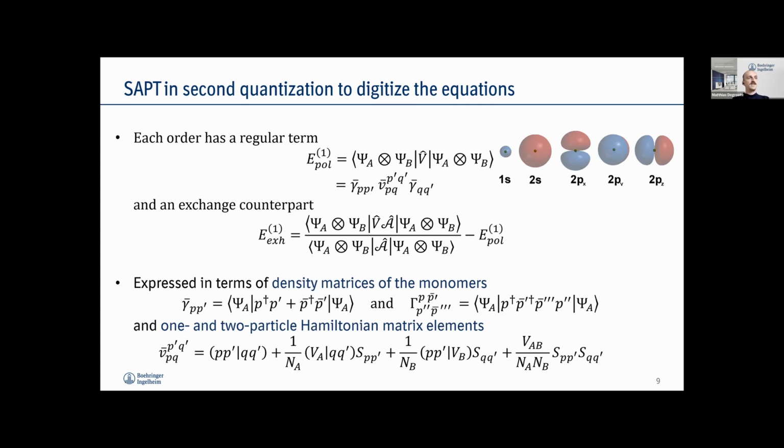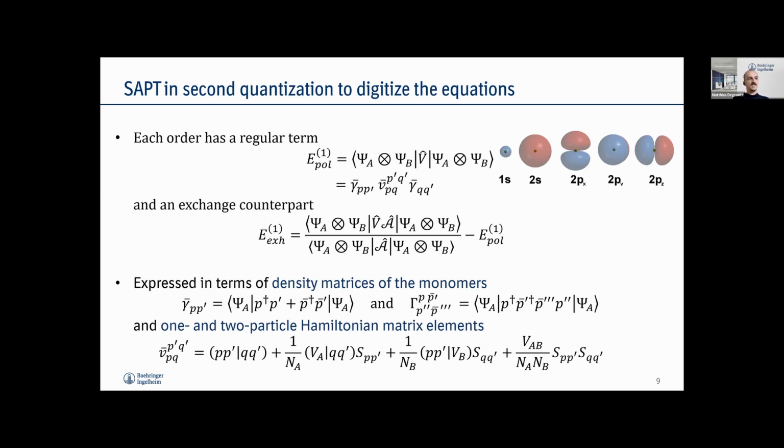I mean, that's sort of expected since your interaction is 2-body. And you also need the interaction elements, of course. So you need the expectation values, the integrals of your Hamiltonian. And these are slightly changed compared to a regular second quantized Hamiltonian.